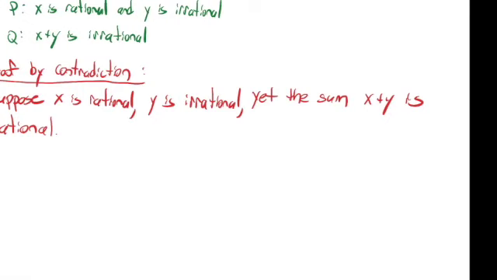So if I know that x is rational, then what can I say about x? It's equal to some integer a over some integer b.